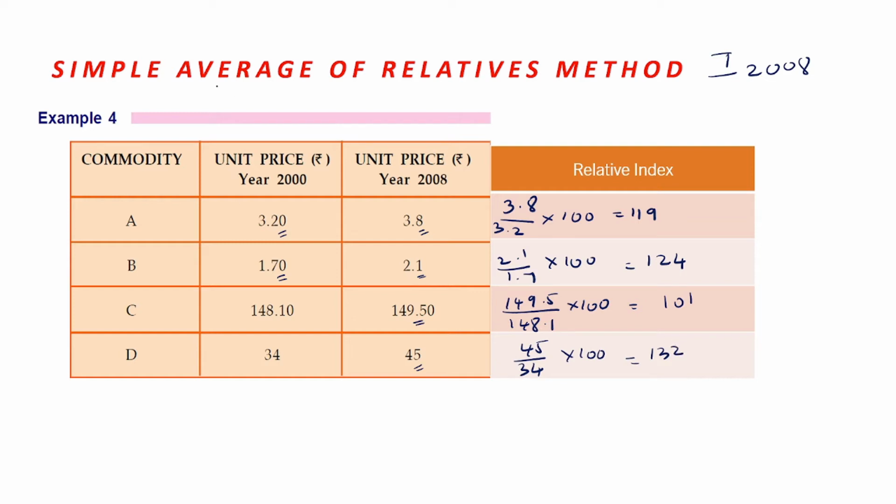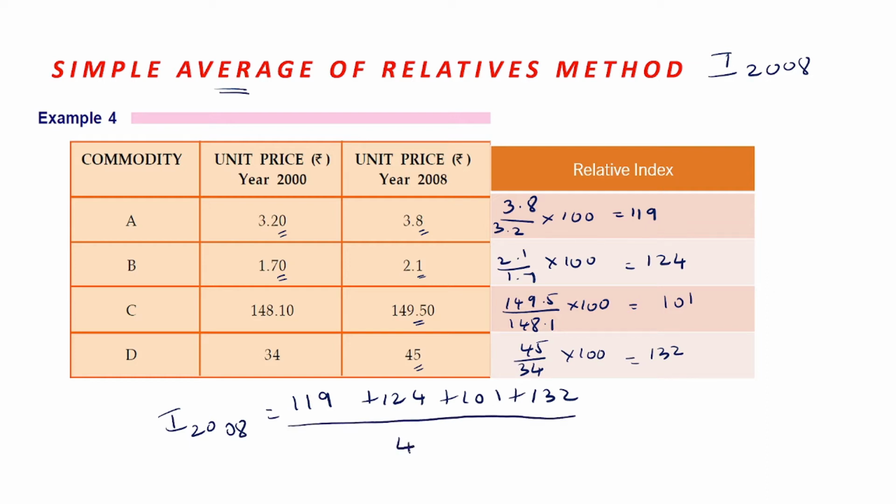Now using this simple average of relatives method, we can find the index by simply taking the average of all these relative index values. So it is equal to 119 plus 124 plus 101 plus 132 upon 4.